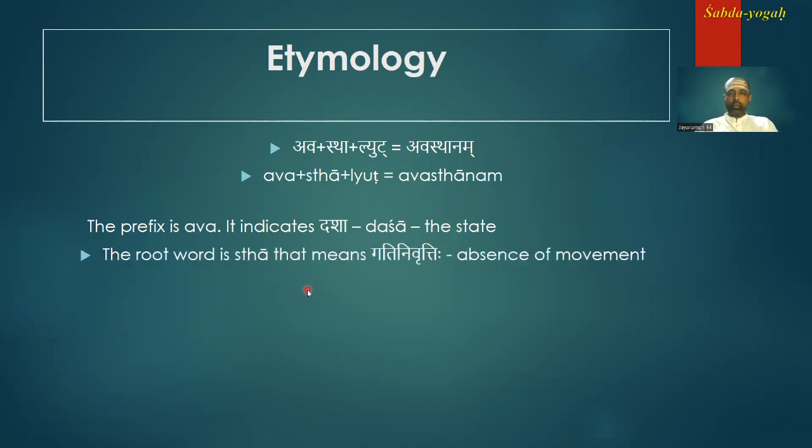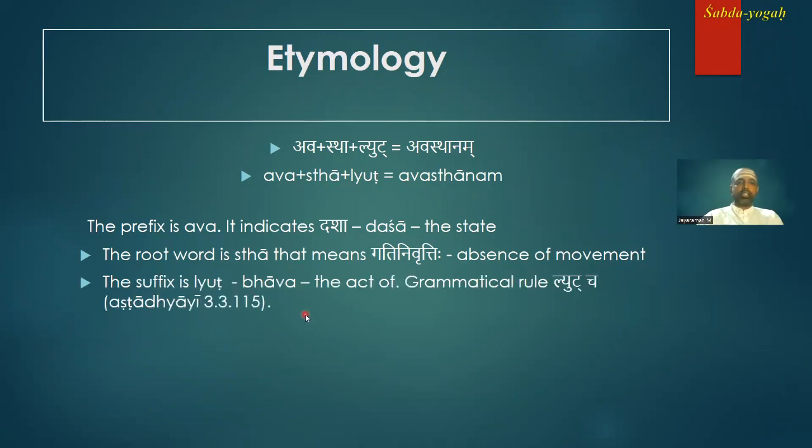And then the root word stha in the middle indicates gati nivritti. Gati, movement, nivritti, absence. So absence of movement is indicated by the root. And then the suffix lyut indicates bhava, the act of.